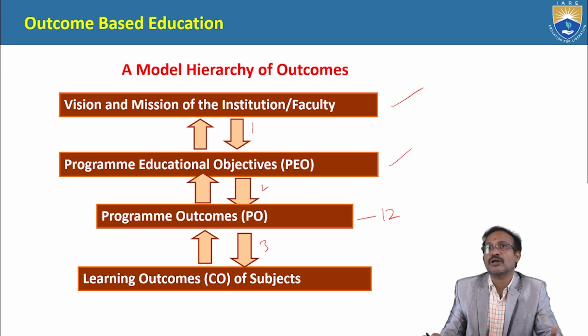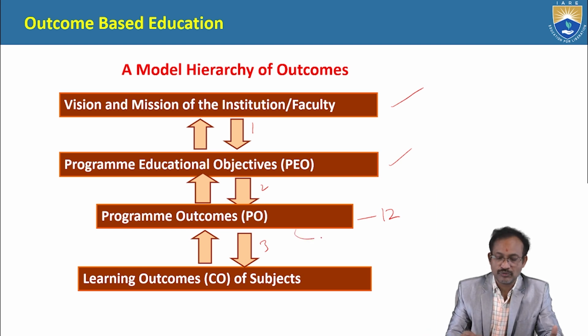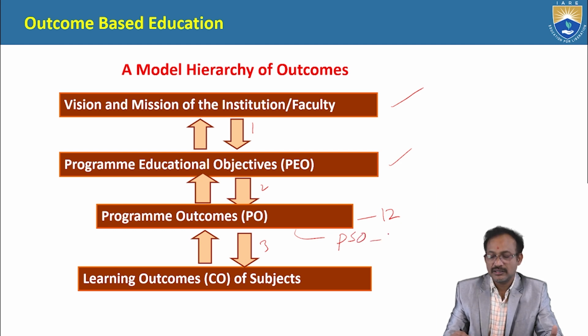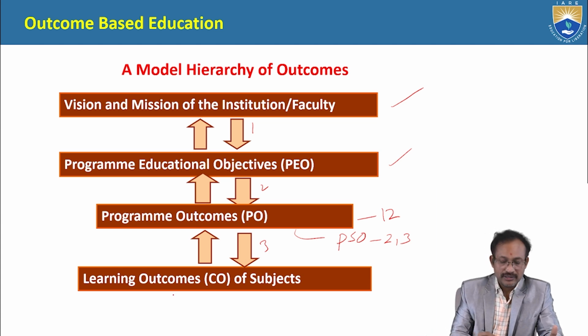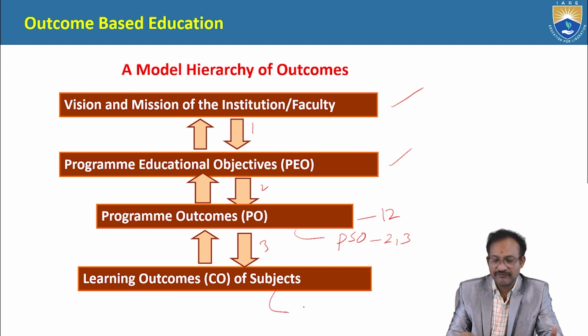However, we have 12 program outcomes, but along with these, each program must have some program specific outcomes, usually 2 to 3. Again, based on the program outcomes, we have course outcomes. Here, subjects refer to courses in the outcome based education language.